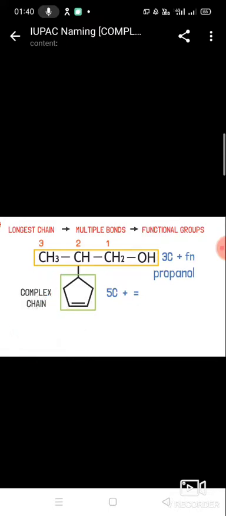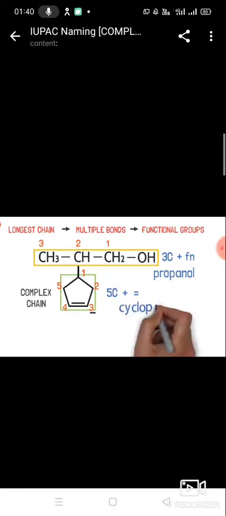The complex chain is with 5 carbon with a double bond. It is attached at the second carbon atom of the main chain. In this, the double bond is present on the third carbon. Look at this numbering, what all numbers you have to consider. So it's a cyclopentene.